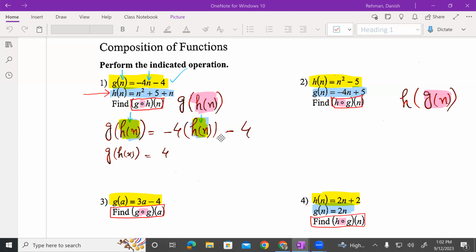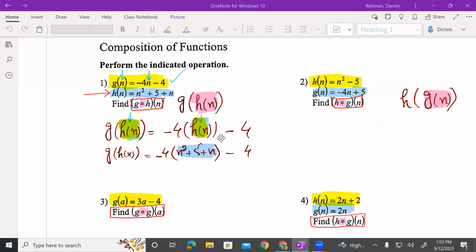So minus 4 times what was the function for H? That is replaced now with H of N. You see, I replaced the blue function with the blue H of N. That's how we will do it.